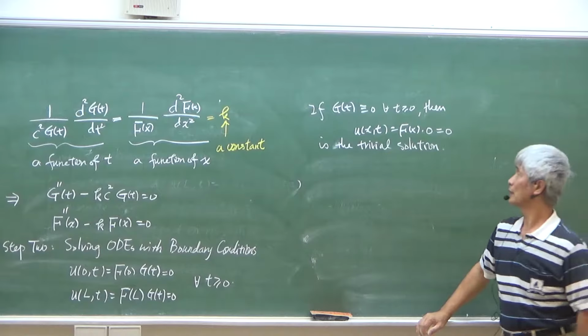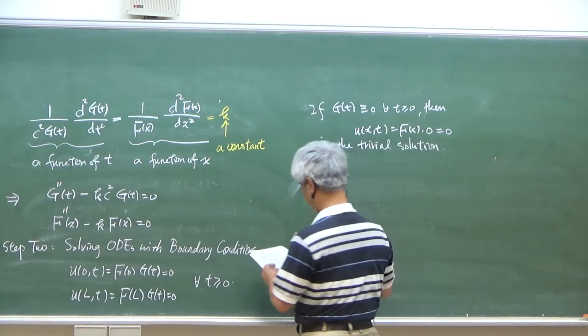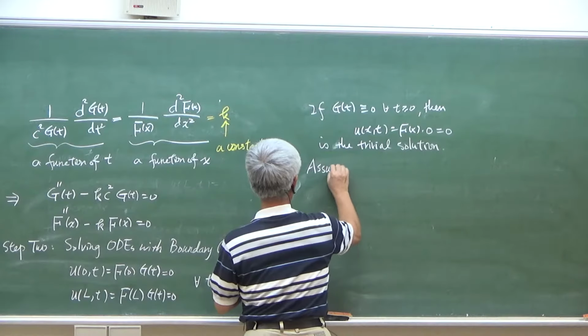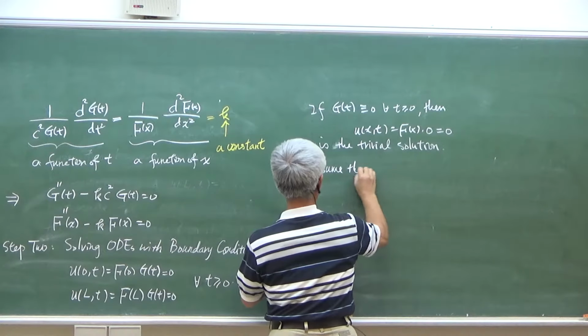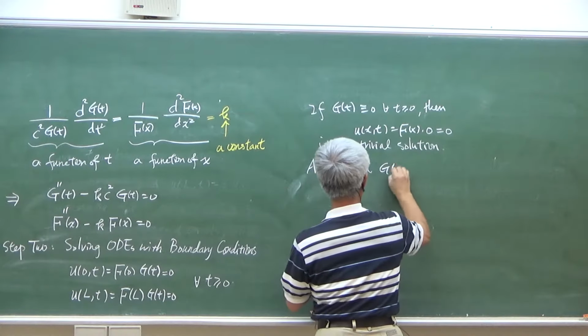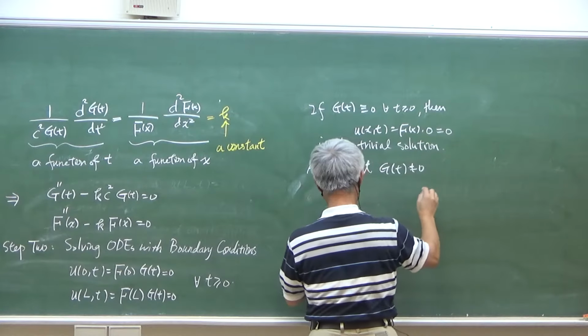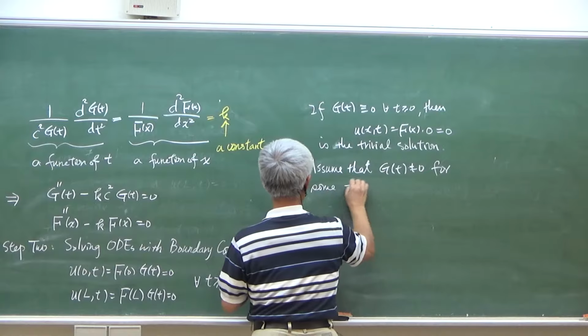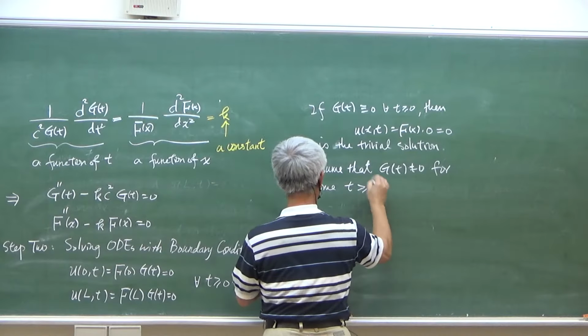Okay? Alright, so we assume that g of t is not equal to 0 for some t greater than or equal to 0.